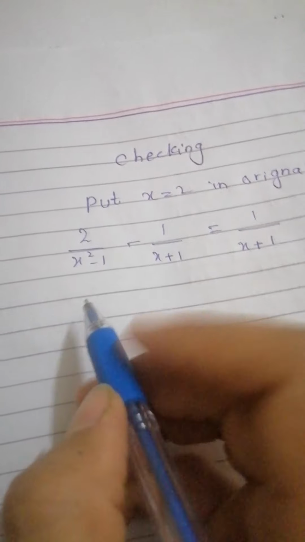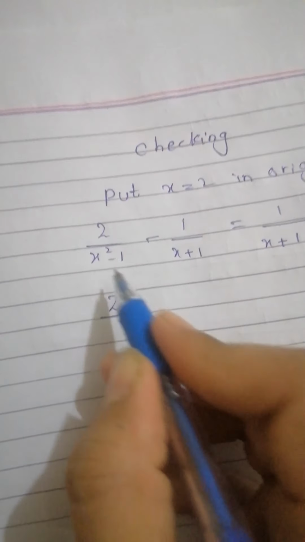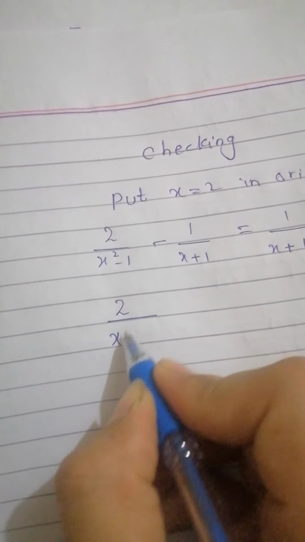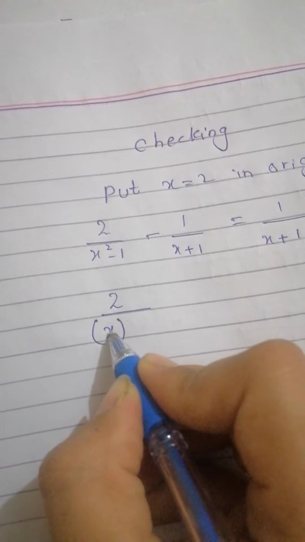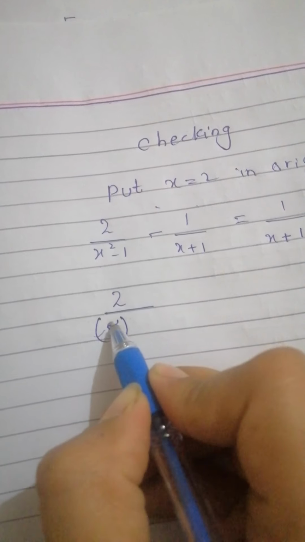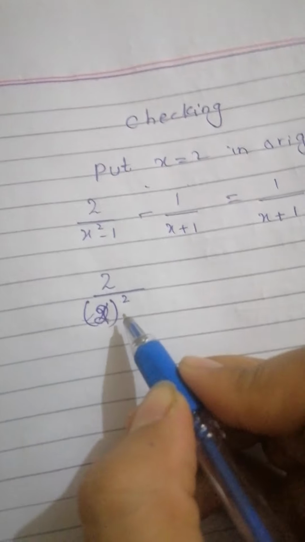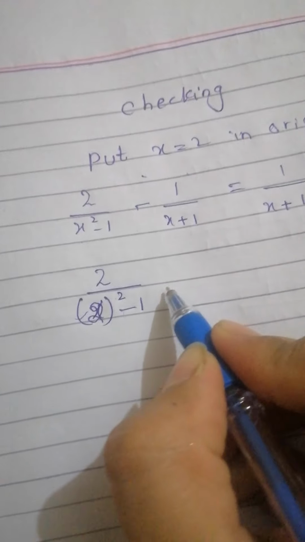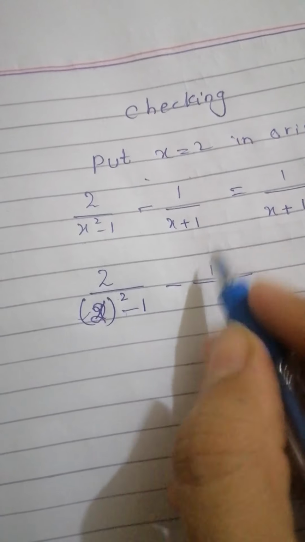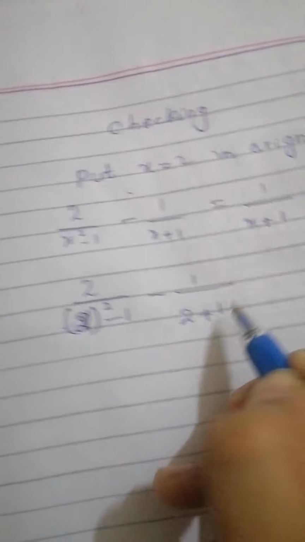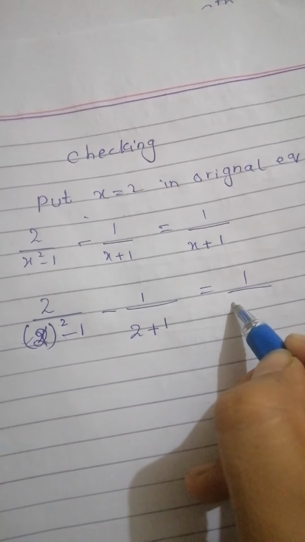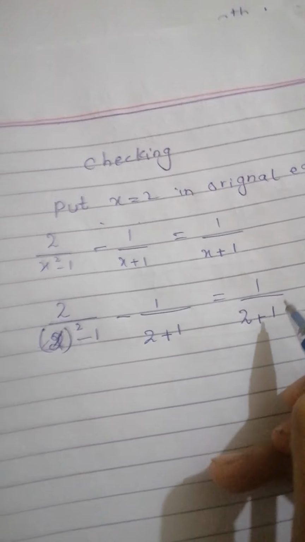So you will put x is equal to 2. You can see 2 over x square minus 1; instead of x I will put 2, since the value of x is 2. And minus 1 over 2 plus 1 is equal to 1 over 2 plus 1, right?